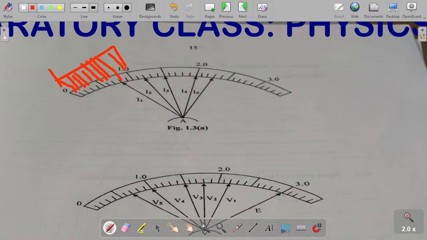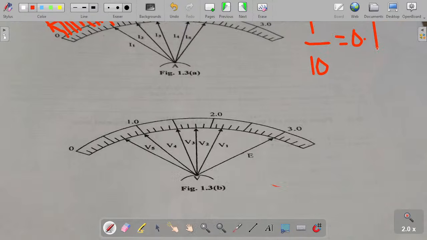The difference is 1, the total number of lines is 10, so a line is 0.1. You do the same thing here also. If you count the lines it is 10, the difference is 1, so a line here is also 0.1.